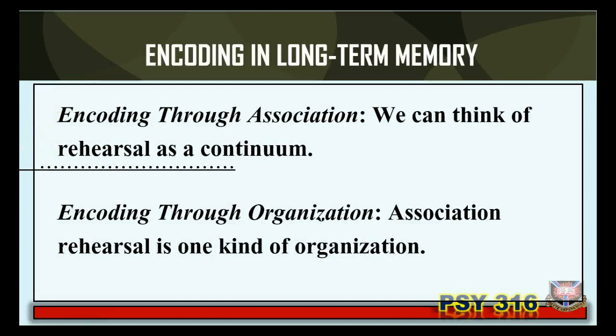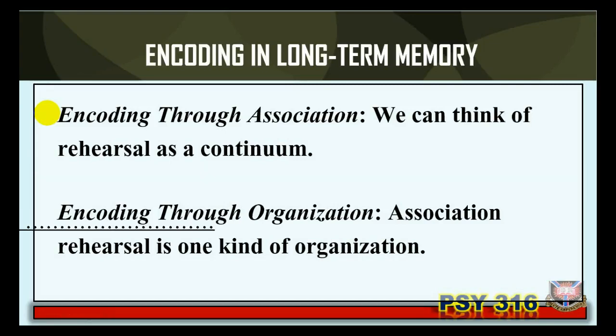This type of rehearsal, known as association rehearsal, in which connections are made between new and old information, helps us remember information better in the long run. How can you improve your memory? Associational rehearsal can help you remember many kinds of information.